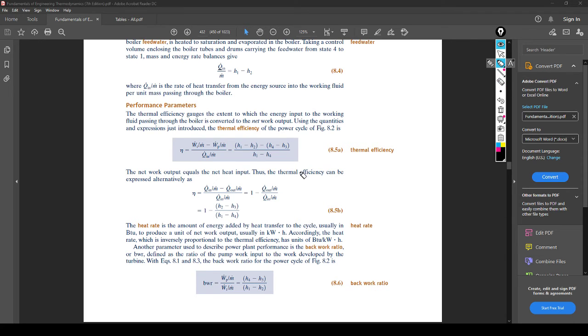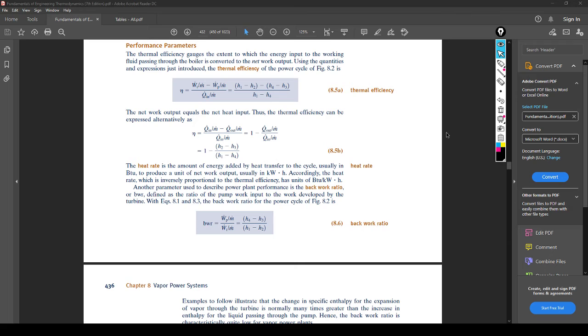So they actually got it right here, but they got it wrong up there. Or, just like you do with the other stuff, you can do 1 minus Q out over Q in if you really want to. If you divide by Q in, it ends up reducing to 1 minus Q out over Q in.